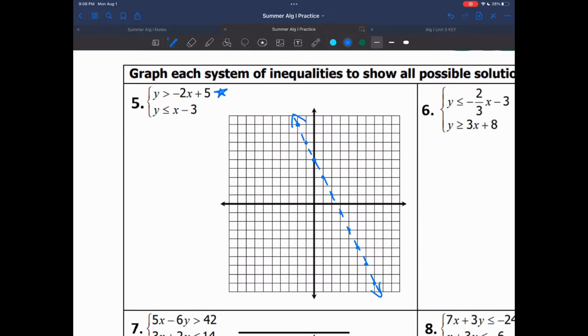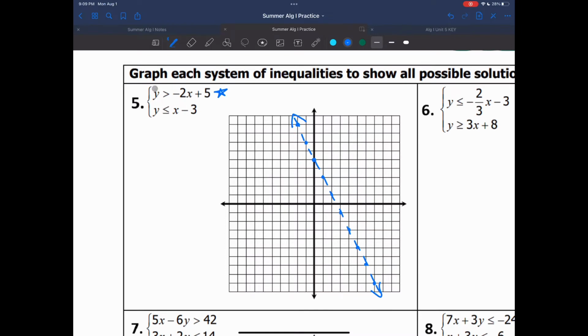Okay, now after that, we decide on our shading. Some people like to just do the shading in the end. If it's helpful for you, shade throughout the problem as you go, but do it very lightly because you'll probably have to erase some shaded area in the end. All right, so hopefully you're using pencil.